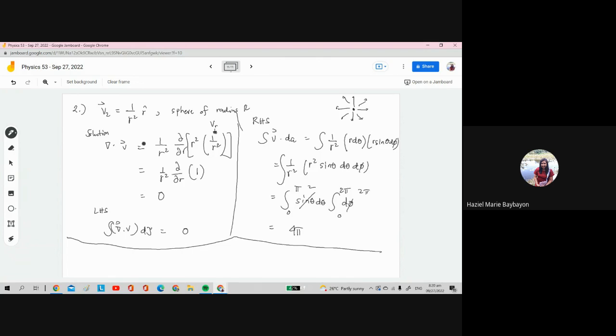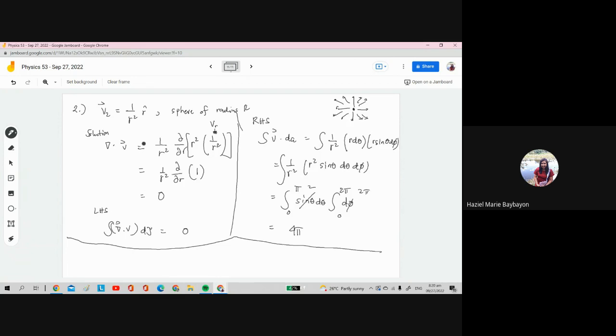Okay, so if the divergence is equal to 0, it means nothing is diverging. But the picture or illustration is of a field diverging from a single point. For example, for a point charge the electric field diverges from this point.